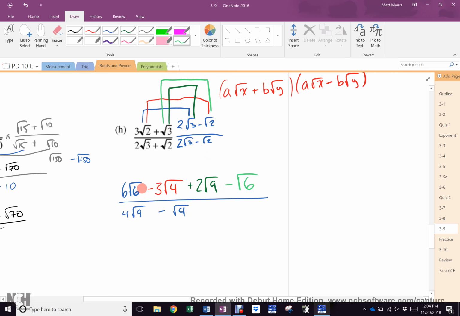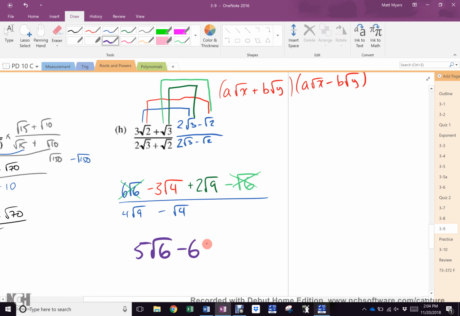Now simplify. Does that simplify? Yes, it does, because I got 6 root 6's there, and I'm taking away one of them. So what have I got there? 5 root 6. Does that simplify? Yes, it does. What's the square root of 4? Times 3 minus 6. Does that simplify? What is it? 6.